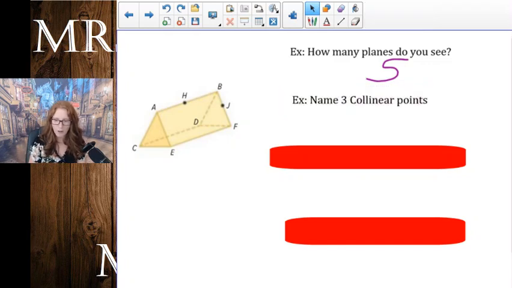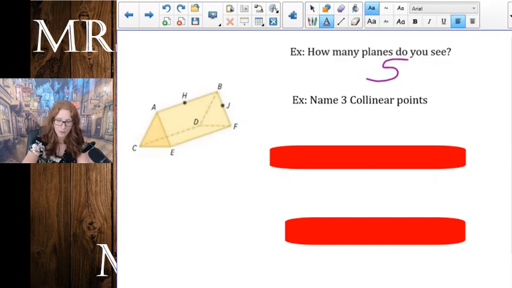Name 3 collinear points. Collinear means they lie in the same line. So we have 2 things we could do here, and I'm going to type this out because it looks a little bit neater than my handwriting.